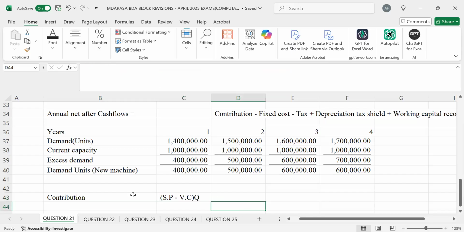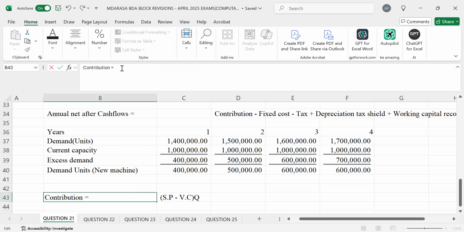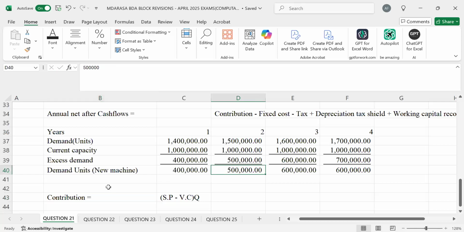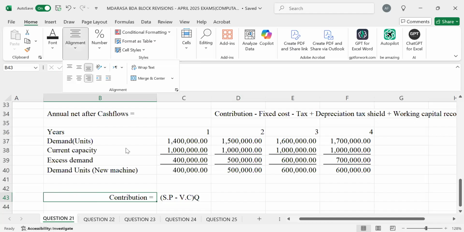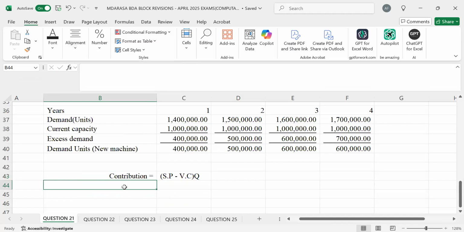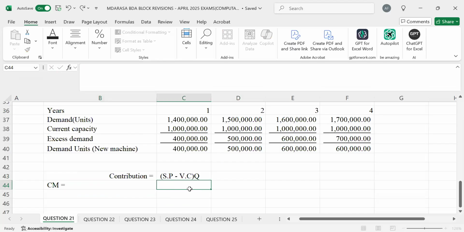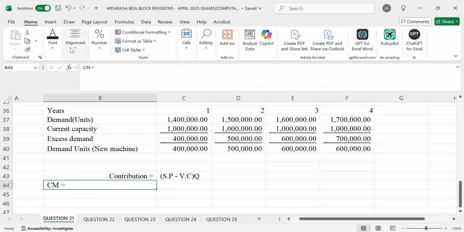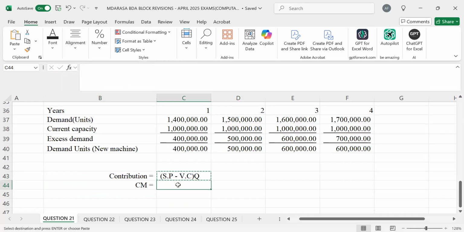This is what will give us the contribution. Selling price per unit minus variable cost per unit gives what we normally refer to as the contribution margin. This part here, without the quantity, gives us our contribution margin.